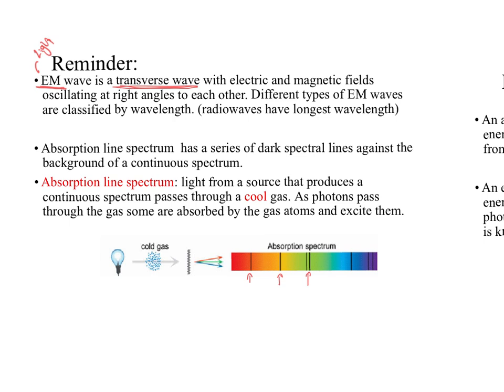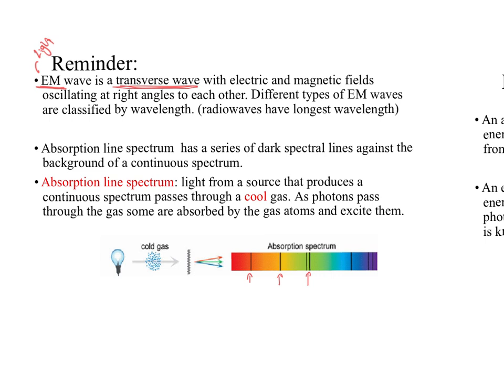So these are basically the lines of visible light, electromagnetic wave, that the gas absorbs around a star. The photons pass through the gas, some get absorbed by the gas atoms and they get excited. That's what appears as those missing lines there.